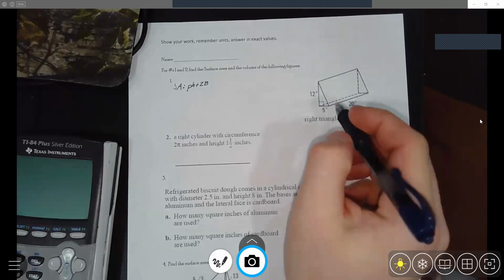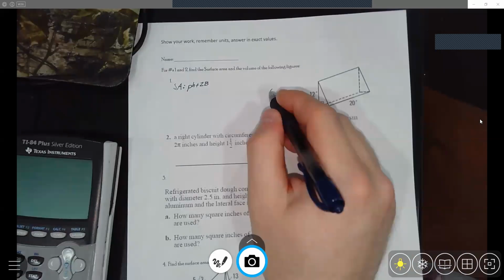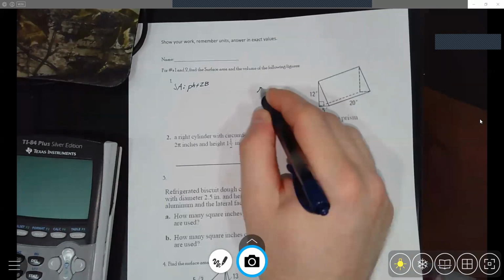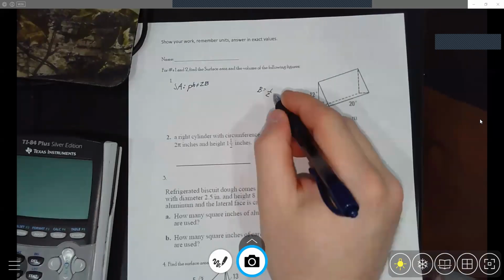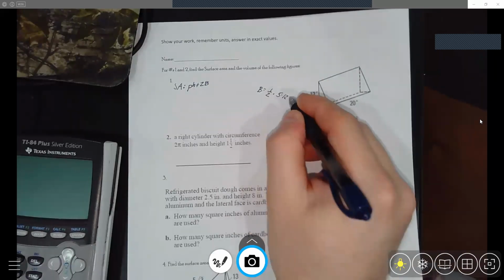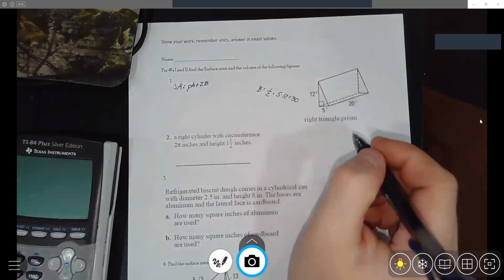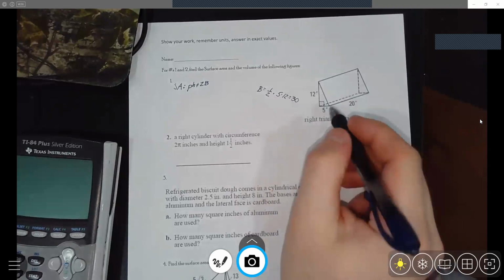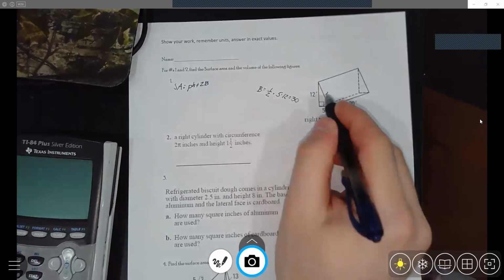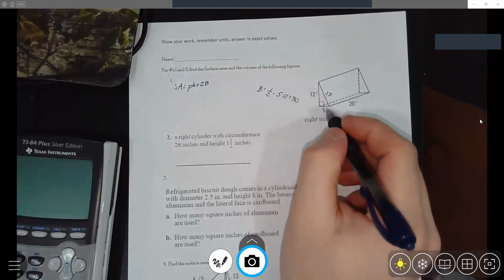So we got a right triangle here. So the area of the base is going to be 1/2 of 5 times 12, which is 30. And the perimeter of the base is, you can use the Pythagorean theorem here, 5 squared plus 12 squared.